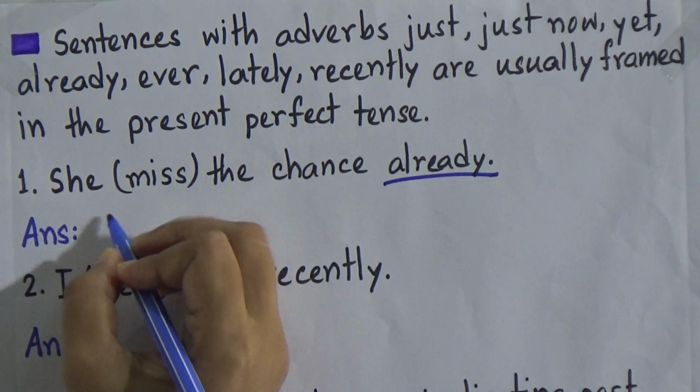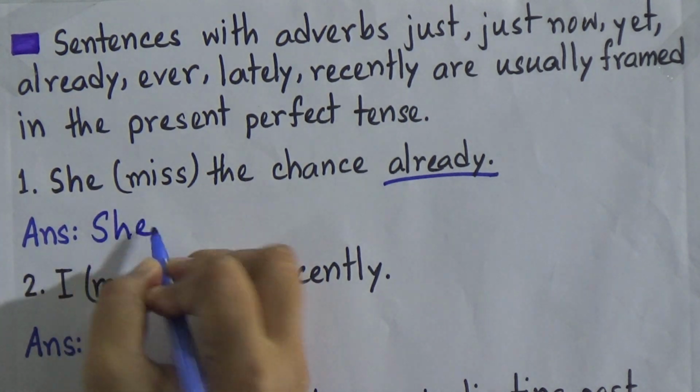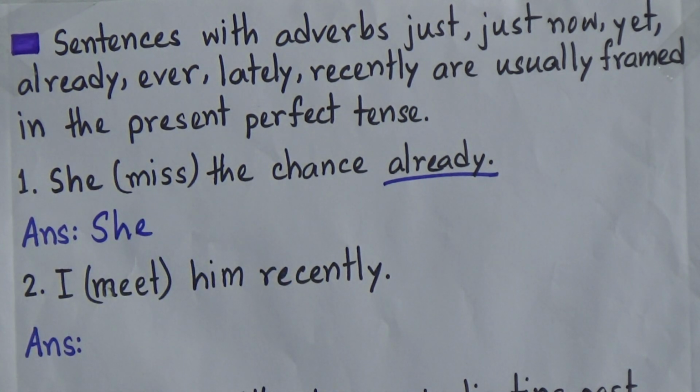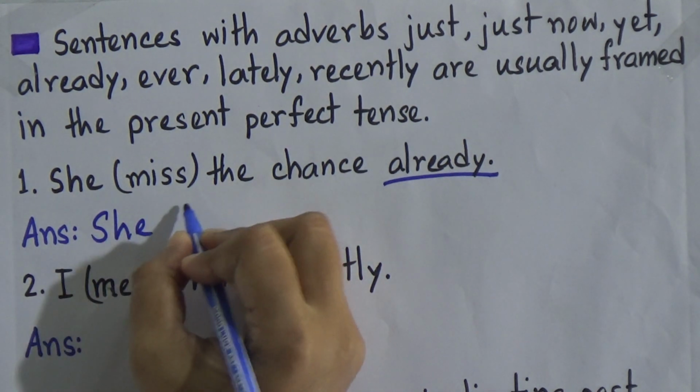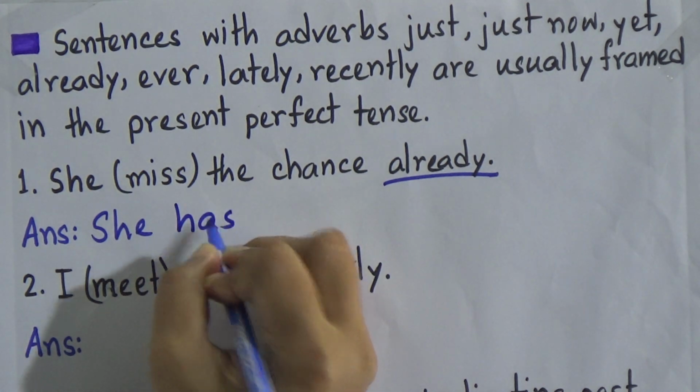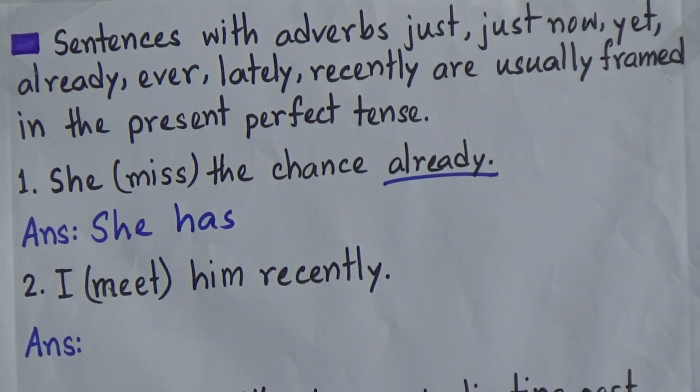Our subject is she, and in the present perfect tense we will use either the have verb or the has verb. So what will be here? She is the third person singular number, the singular subject. That's why we will write here has. She has.